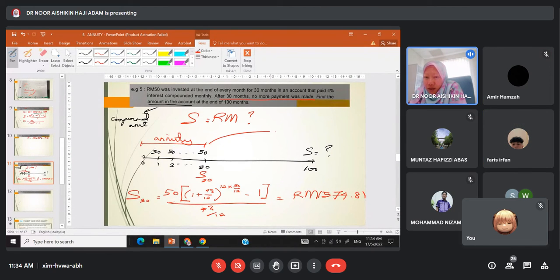So from S30, we want to jump straight ahead. You don't withdraw that money at all. Leave it in the account for another 70 months. Right? 70 months in between. Then, from here to there.